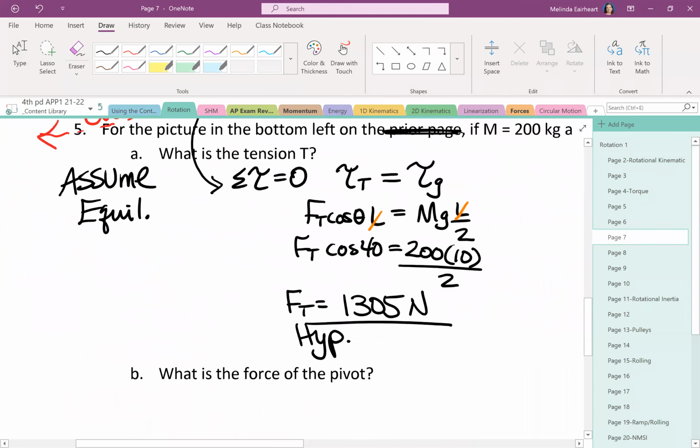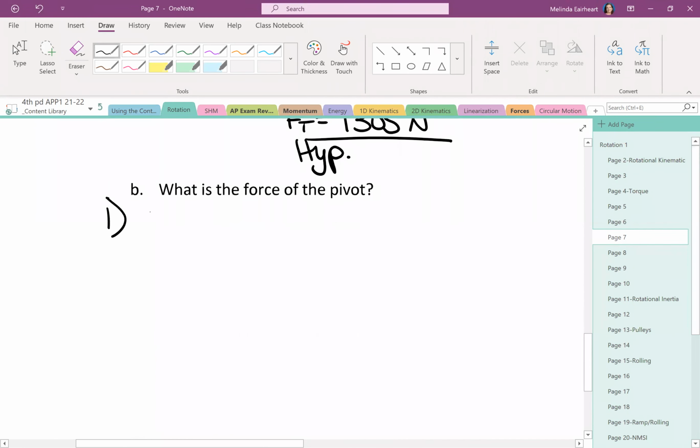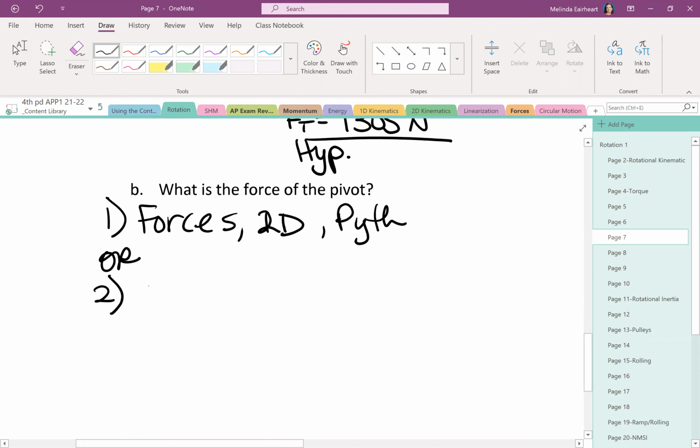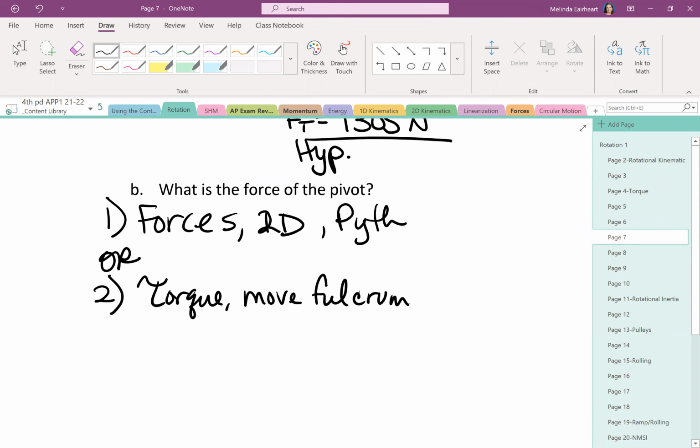So there's 2 ways to do this one. FYI, we can do forces, but you've got to remember that it's in 2 dimensions. We'll have to write F net X, F net Y, and then maybe end with Pythagorean theorem. Or we can do torque again, just move the fulcrum. So I'm going to leave it up to y'all. Y'all tell me which way you want to do. Do we want to go forces exclusive, or do we want to do torque again?